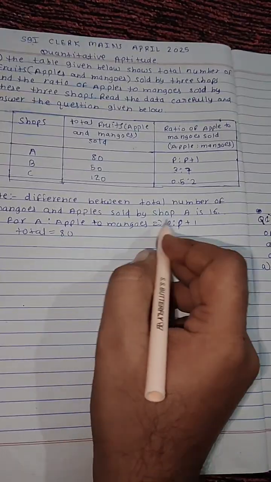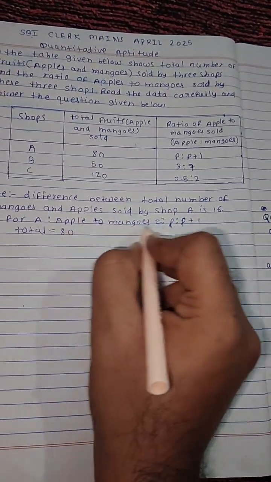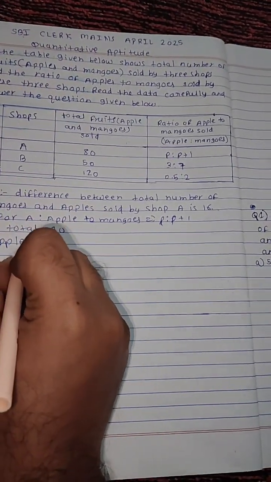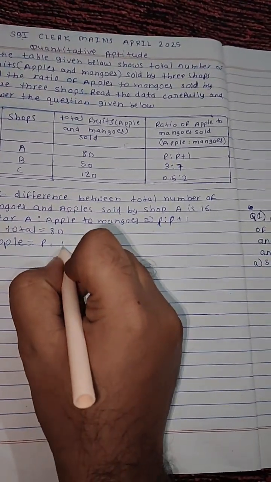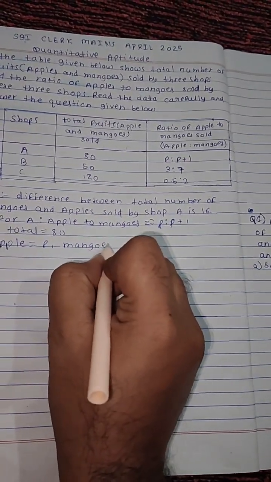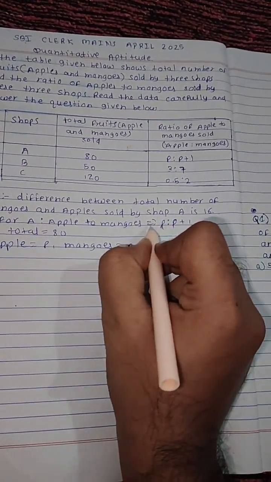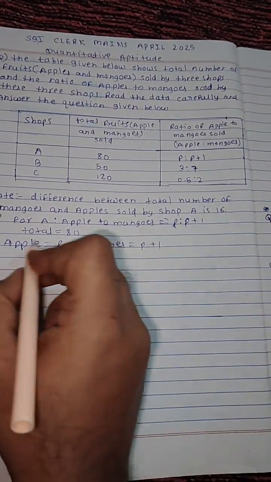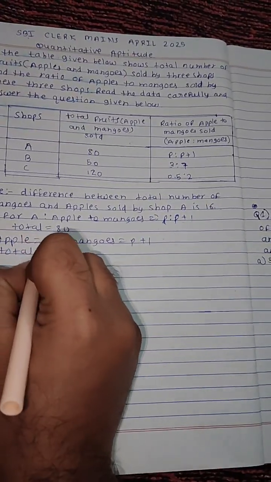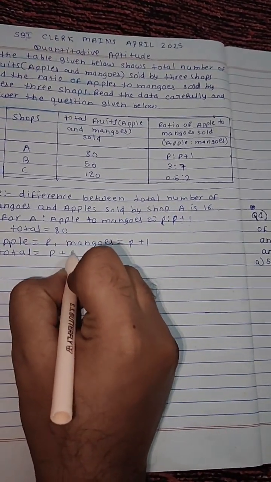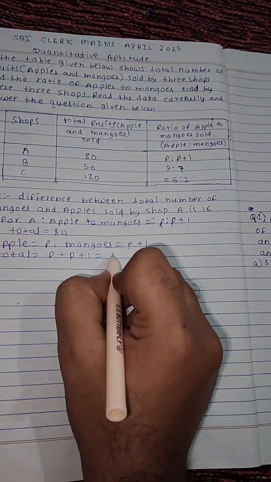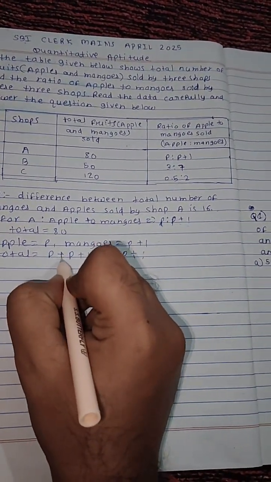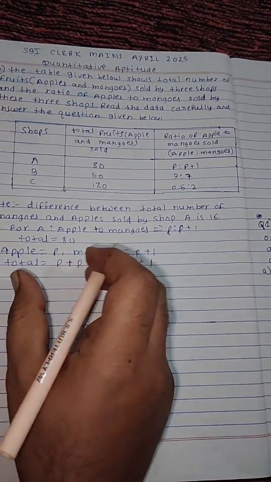So for apple the part is P, and mangoes is P plus 1. So the total will be P plus P plus 1, which is 2P plus 1. So this is the total.